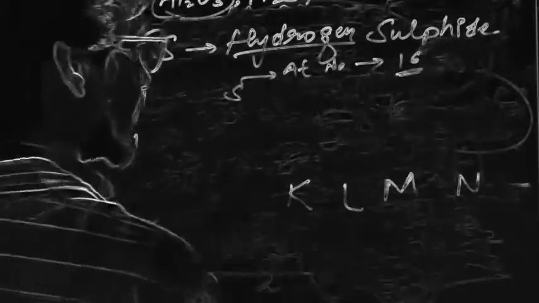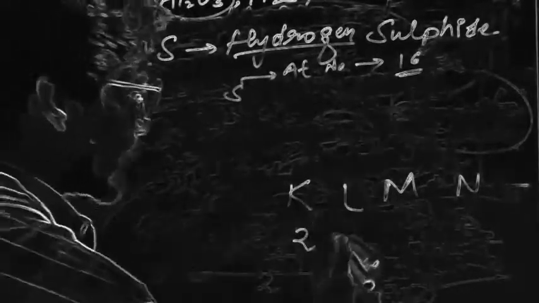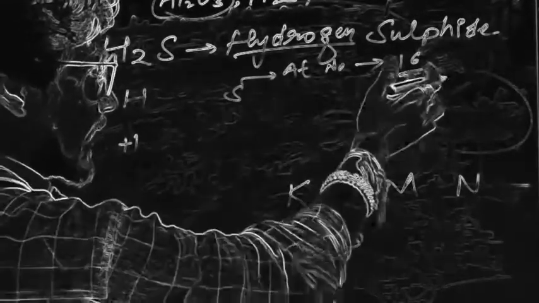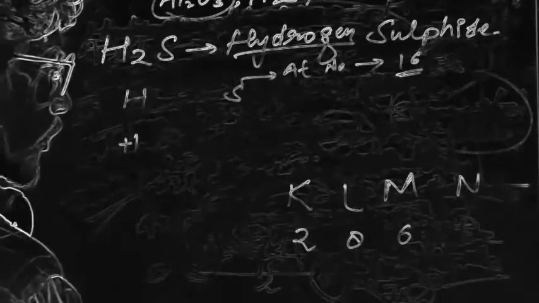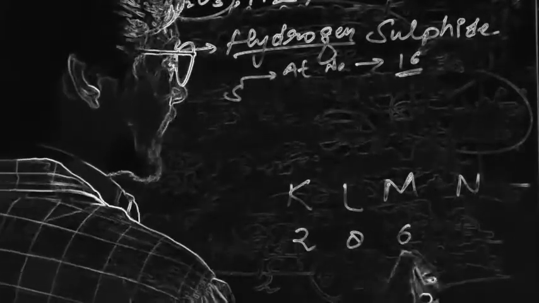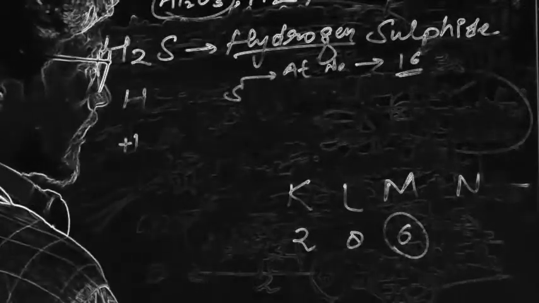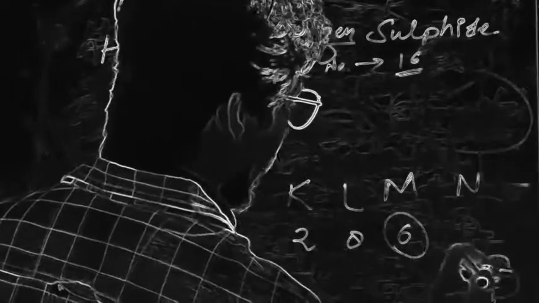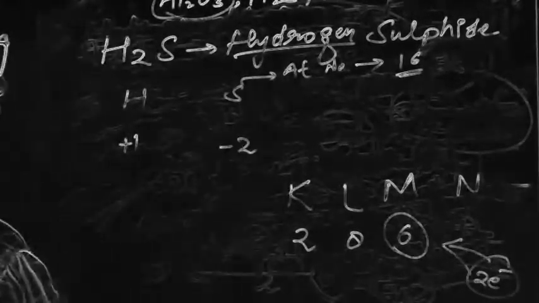That is 16. In shell K we filled 2. 16 we have to fill. In L how many? 8. 8 plus 2, 10. 6 is still remaining to be filled. So 6 will go in M. As in oxygen also, the condition was same. There were 6 electrons in the outermost shell. So what we did? We took 2 electrons and on taking, the valency would be -2.